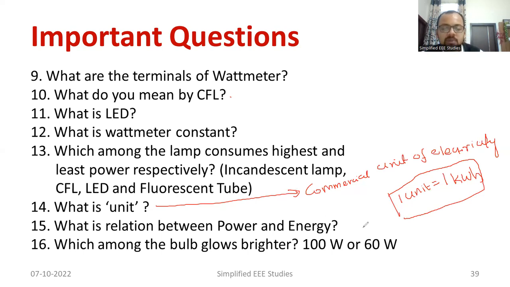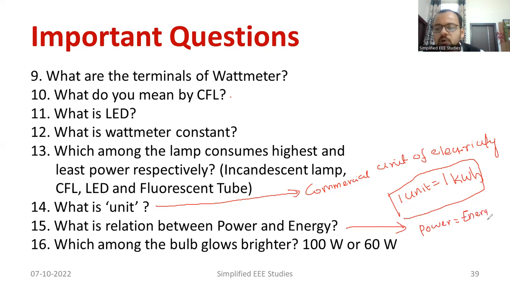So what is the relation between power and energy? Energy is nothing but a capacity of doing work, ability to do work. Power is nothing but the rate of work done. That's a major difference, but both are related. See, power is equal to work. Work is nothing but energy.